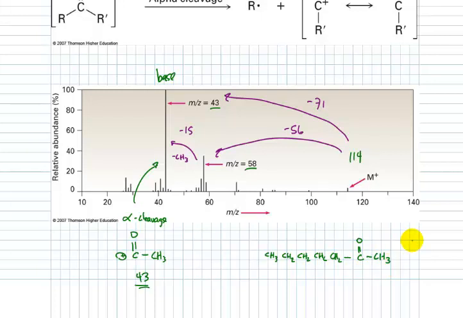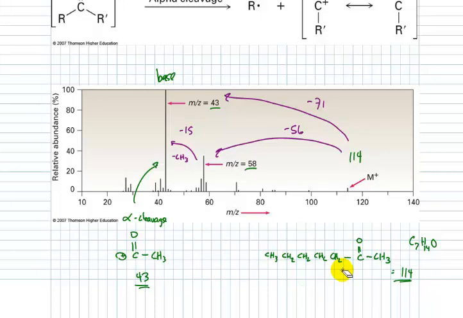So let's see if C7H14O adds up to 114. I bet it does. Yes. So we don't know about the branching on the side. That could be some variation of it.